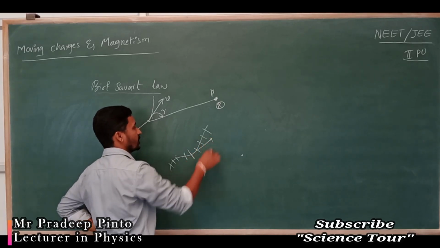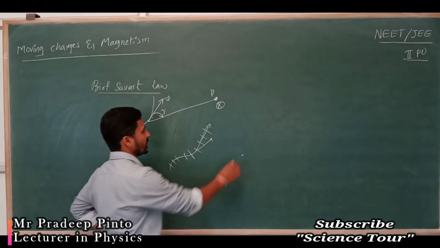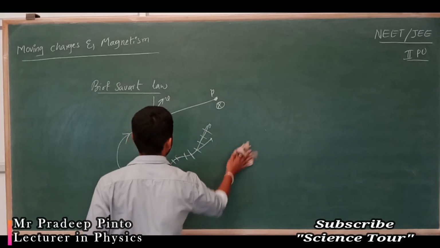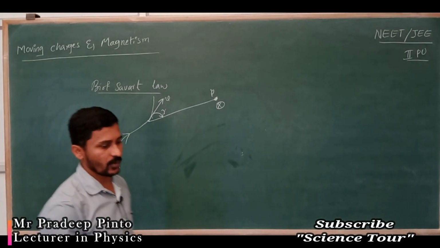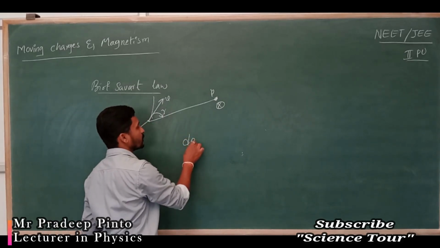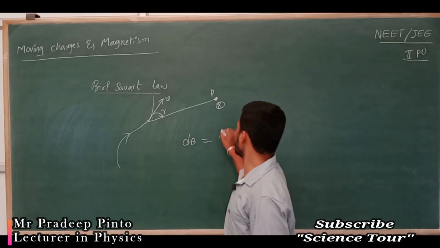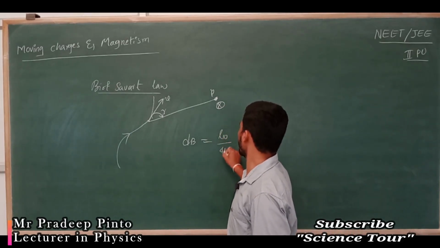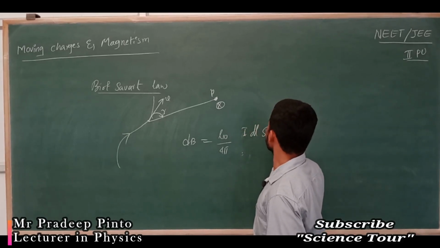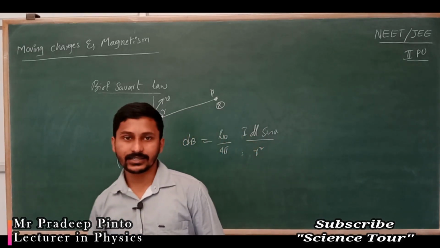And how do we find it? Take the direction of the velocity, by drawing the tangent at this point, and find the direction of the magnetic field the same way as we explained earlier. Next, the magnetic field due to the current element is mu naught divided by 4 pi into I dl sin theta divided by r square, which is similar to Coulomb's law.